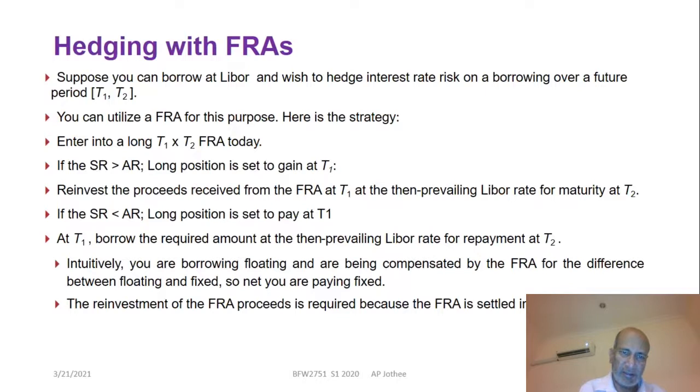Here is a strategy. Enter into a long T1, T2 FRA today. Okay, today is not T1, today is T0. If the SR is more than AR, the long position is set to gain at T1. That's the discounted value. Then you have to invest the gain to T2. Reinvest the proceeds received from the FRA at T1 at the prevailing LIBOR rate until the maturity at T2.